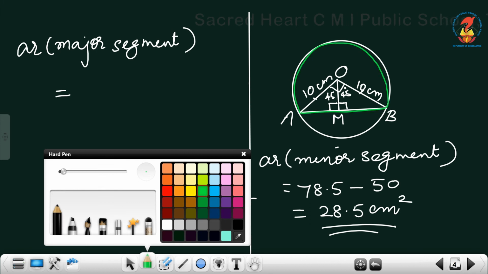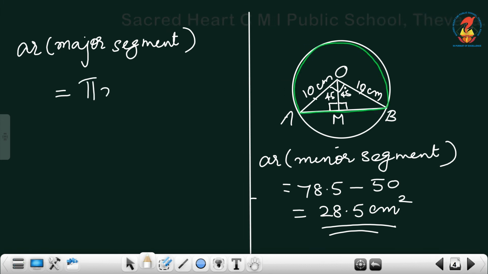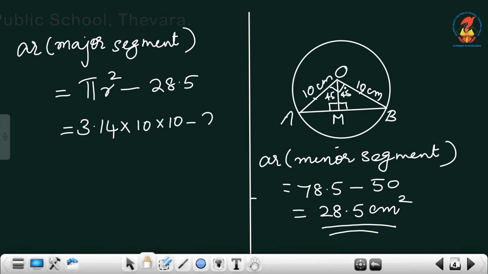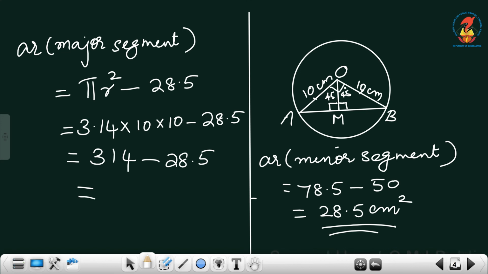That means pi r square minus 28.5, which is equal to 3.14 into 10 into 10 minus 28.5, which is equal to 314 minus 28.5. That is the answer which you can find.